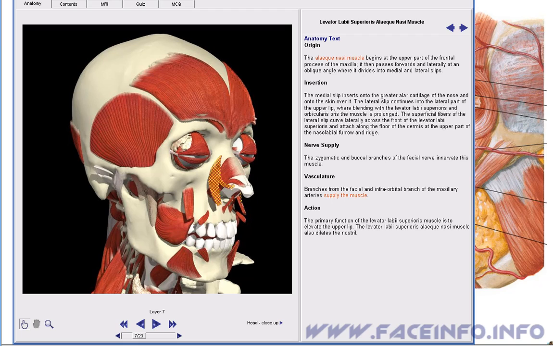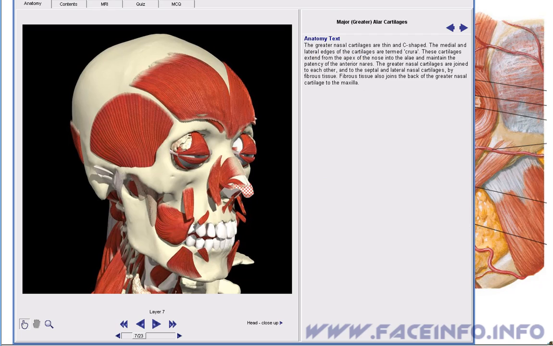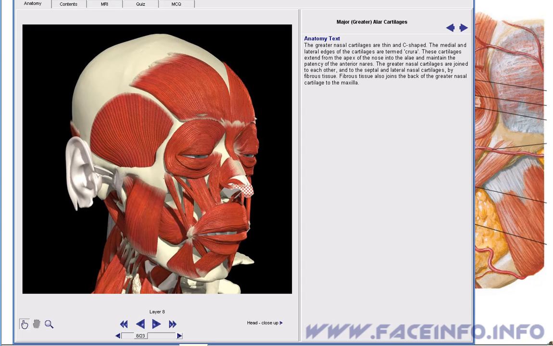Then it passes forwards and laterally at an oblique angle where it divides into medial and lateral slips. The medial slip joins the greater lateral nose cartilage and the skin above the cartilage. When this slip works, the nostrils widen, and the lateral slip is woven into the orbicularis oris muscle.